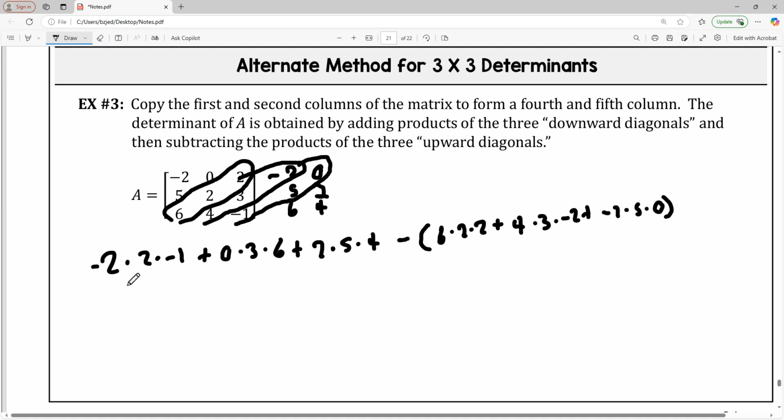Negative 2 times 2 times negative 1, that's a 4. Plus, I'm a little lazy, 0 times all this garbage is just 0. Plus 2 times 5 is 10, times 4 is 40.